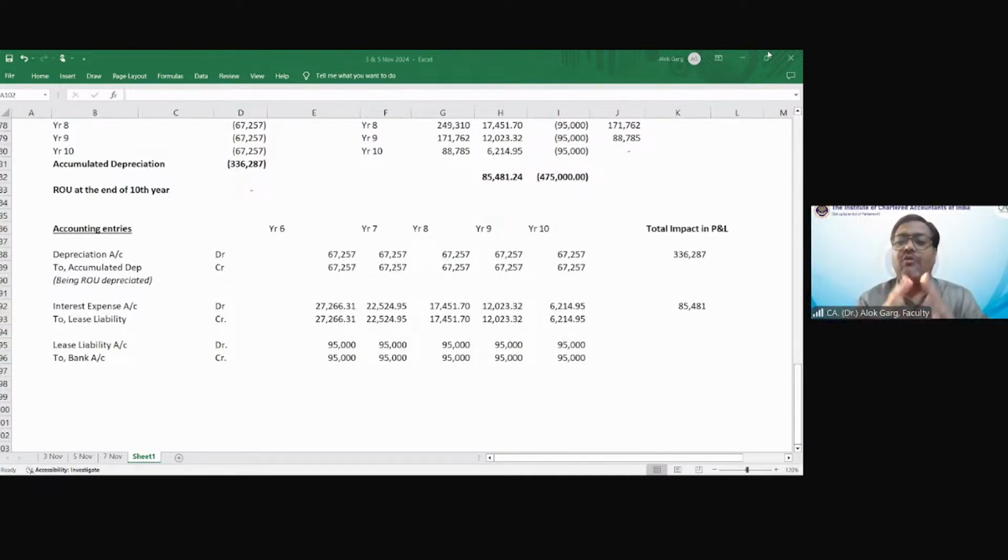And we have discussed all the concepts in detail, be it identified asset, right to control the use of an asset, inception date, commencement date, initial direct cost, interest rate implicit in the lease, incremental borrowing rate, right of use asset initial measurement and recognition, subsequent measurement, modification, low value leases, short-term leases.